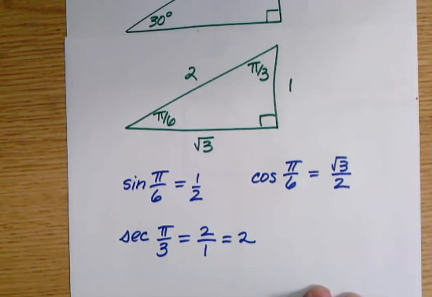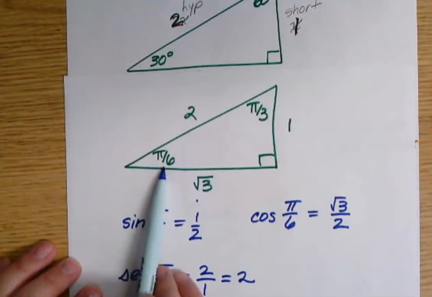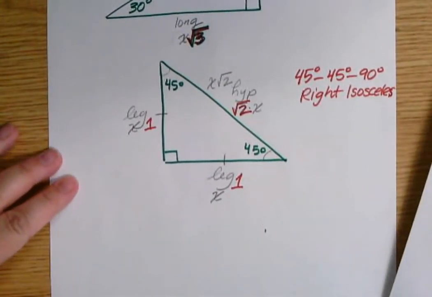And I could use this to find the trig values for any of the 6 trigonometric functions for 30, 60, 45, or pi over 6, pi over 3, or what's 45 degrees?